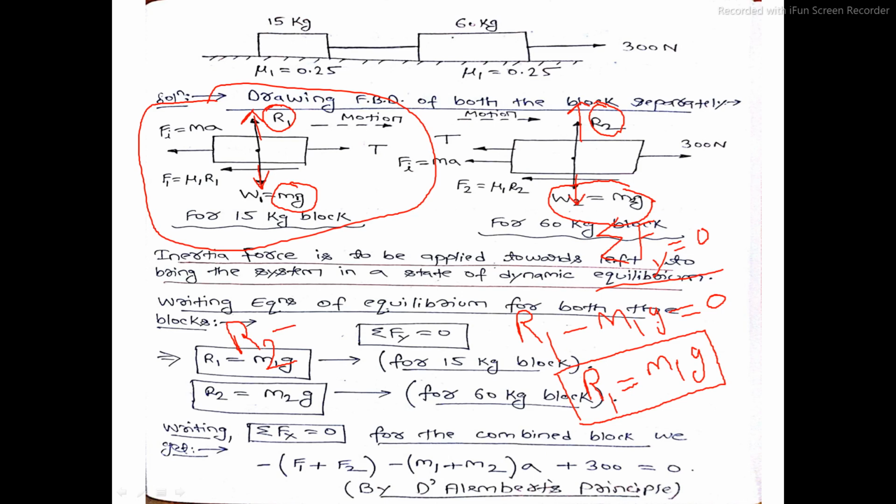So R2 minus W2 equals 0, and W2 is M2 into G. Further I can write this equation as R2 is equal to M2 into G. This is the force equilibrium equation along the y-axis for the 60 kg block.